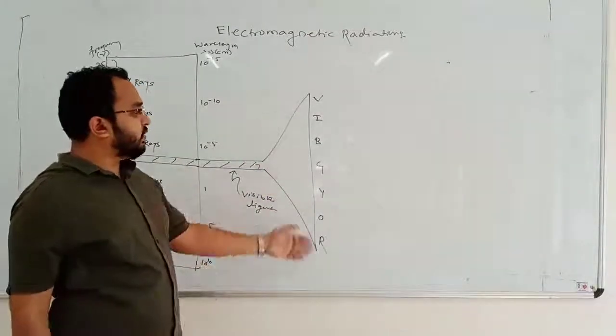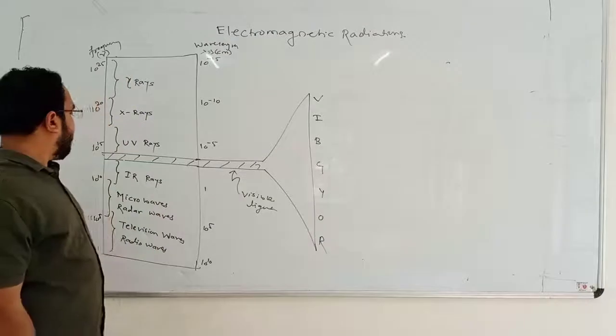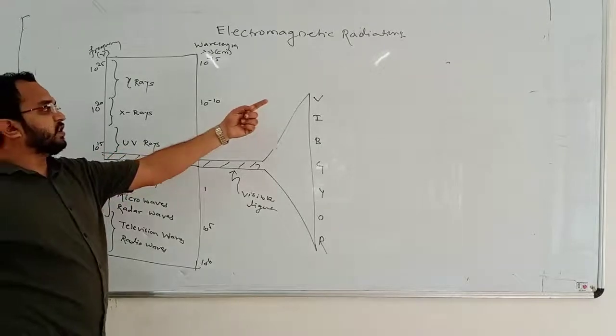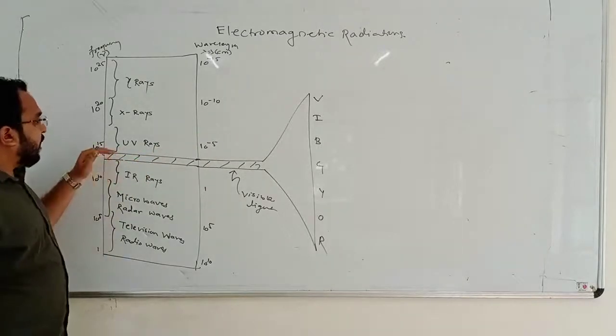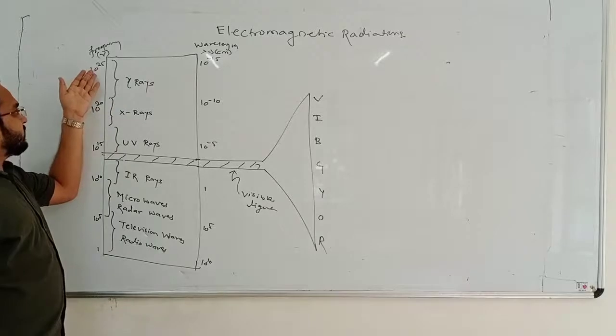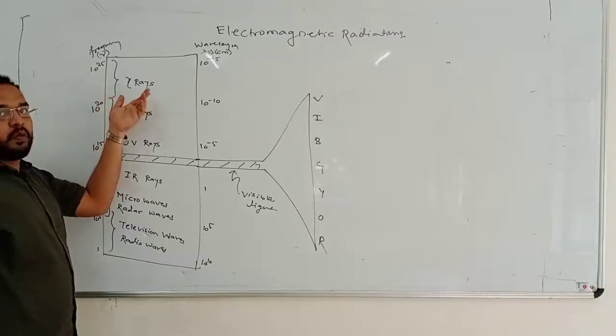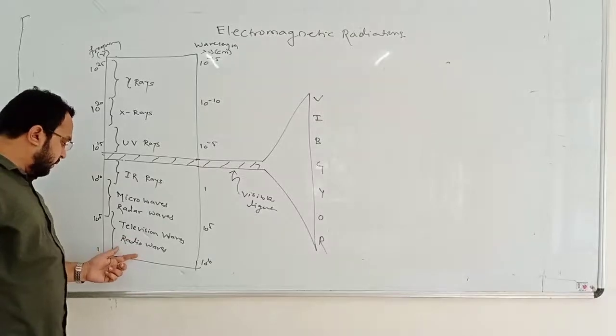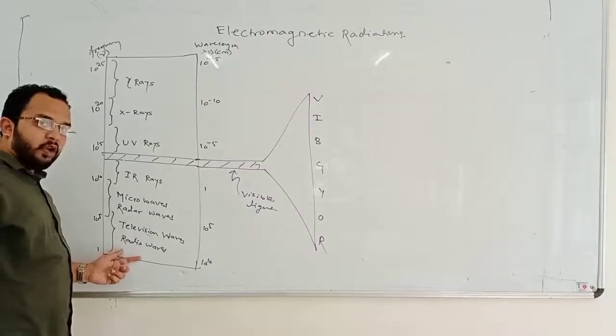That is VIBGYOR. Violet is having the highest frequency. So above the violet, the frequency is highest. That is gamma rays, very high frequency. Compared to that, radio waves are of very low frequency.